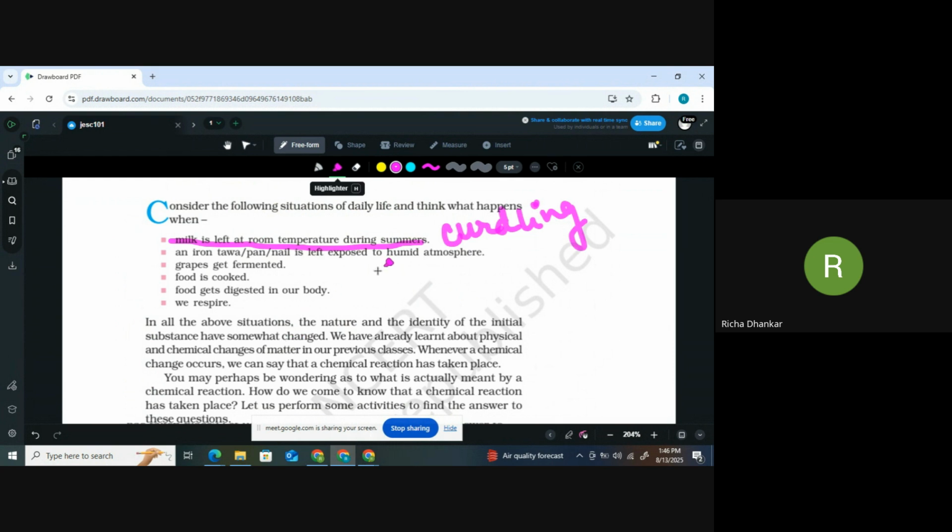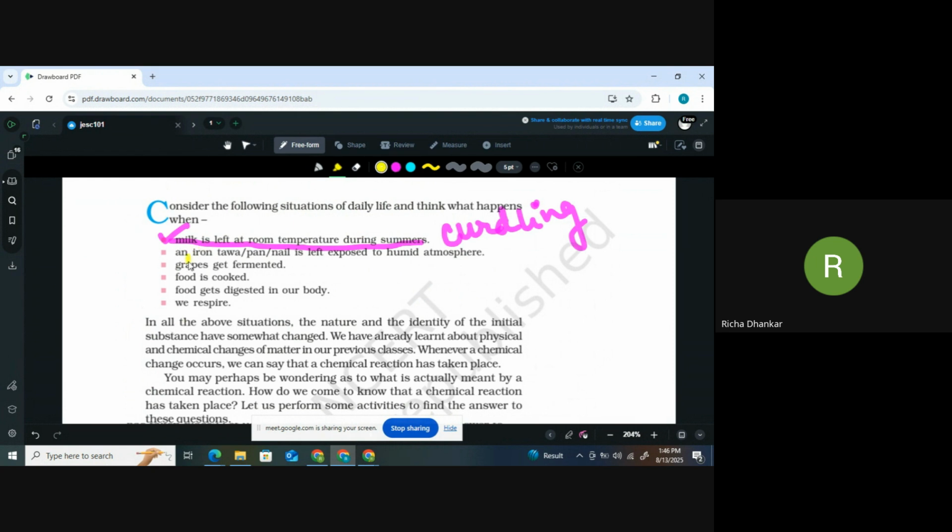When you leave milk outside, the milk starts to form curd. I'll be giving the reasoning for each of these, and then we'll discuss further with the equations as the chapter unfolds. The second one is the iron tawa or pan when exposed to air or a humid atmosphere.